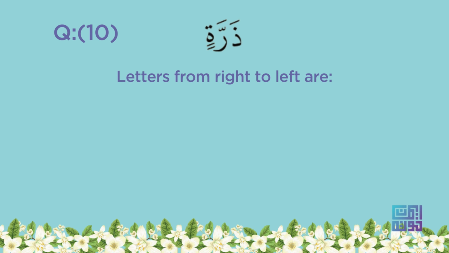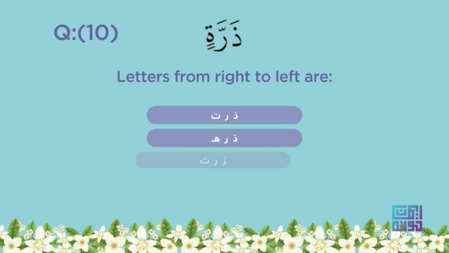Question number 10. Letters from right to left are ذال, ra, ta, ذال, ra, ha, or maybe za, ra, ta.